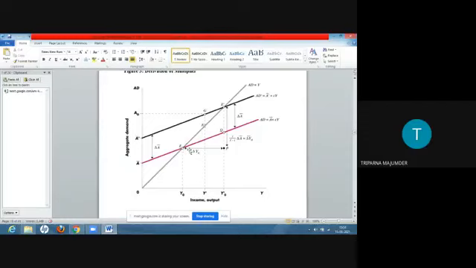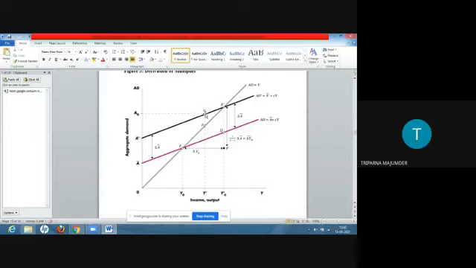Now, we take any point to the right of Y0, say Y dash. What happens here? Here, we find that the demand is this much, GY dash, whereas the output is FY dash.